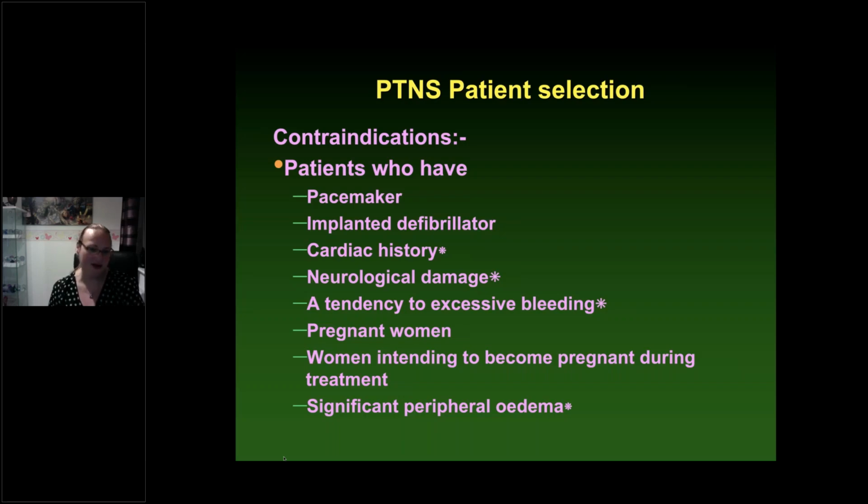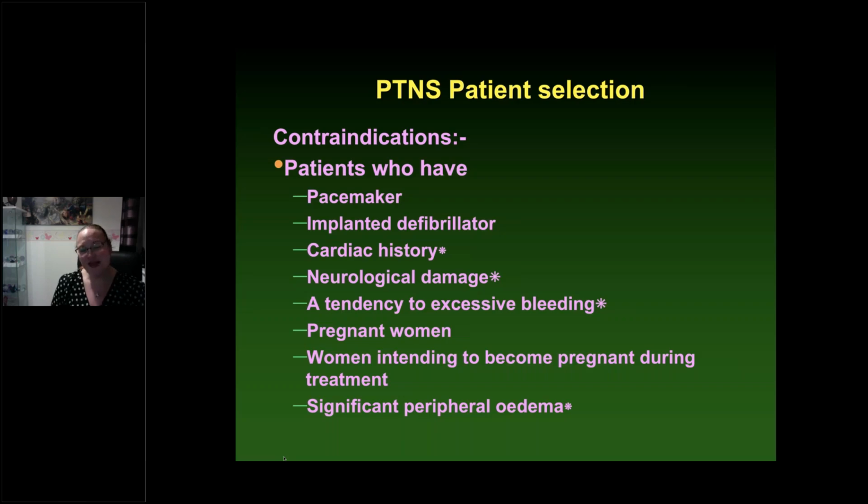So when we think about PTNS, we need to think about the contraindications as to who can and can't have PTNS. There are some complete contraindications and some that you may consider. The definite no's, people not suitable for PTNS, are those that have a pacemaker inserted or any form of implanted defibrillator, and women who are pregnant or planning to become pregnant imminently.